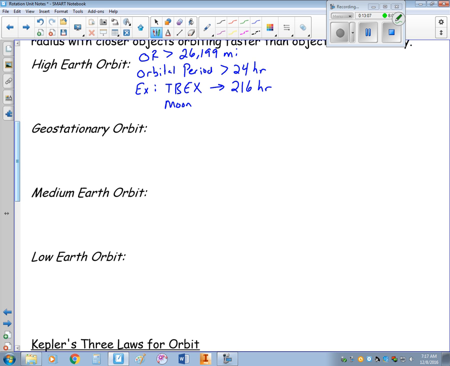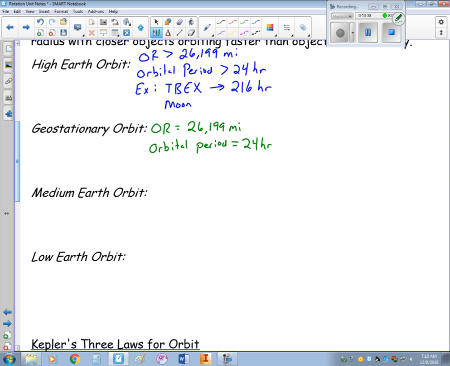Geostationary orbit is an orbital radius that is equal to 26,199 miles. Now, geostationary means that it stays at one position above the Earth's surface. So the orbital period equals 24 hours.